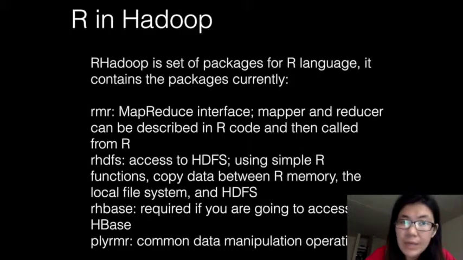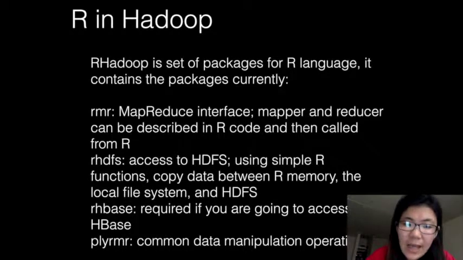First of all, I will introduce how to use R on Hadoop. RHadoop is a set of packages for the R language. It contains many packages. Firstly, it includes rmr, the map-reduce interface. It includes mapper and reducer, which are written in R and can be called from R.